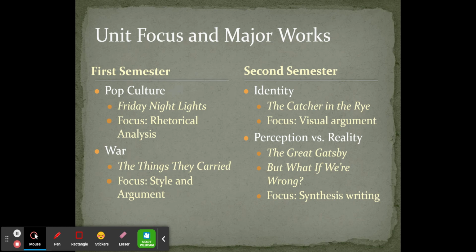And in terms of our AP focus, we continue to focus on argumentative writing as well. And we cap off the year with a perception versus reality unit, during which synthesis writing is our focus. Synthesis writing is also a useful skill when students move on to college. This is the old research paper in a sense. So it's another skill that we practice that prepares students for the AP exam.